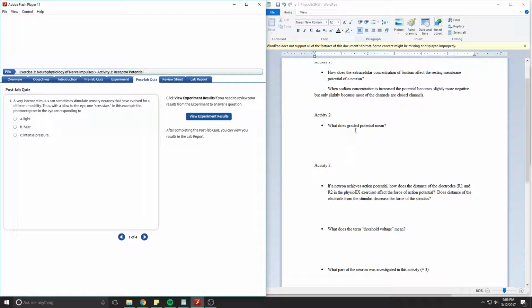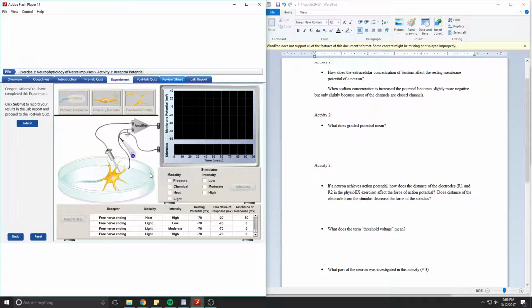Okay, I still don't know what the answer to this question is. What does graded potential mean? I didn't see it in the lab. This is the membrane potential. Like I don't even know where in the lab that was.